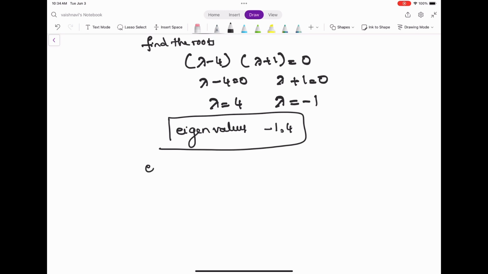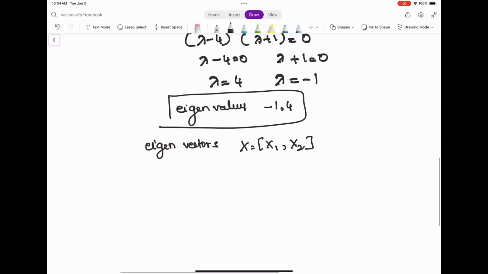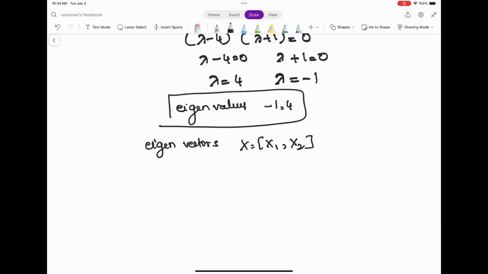From these eigenvalues, we have to find the eigenvectors, which are usually represented by x is equal to x1 comma x2. Let us find this. We use these eigenvalues to find the eigenvectors. Case 1, when lambda is equal to minus 1.